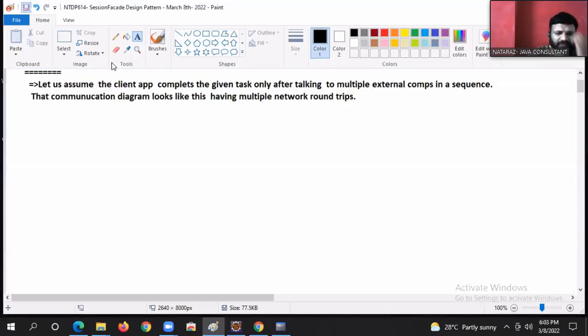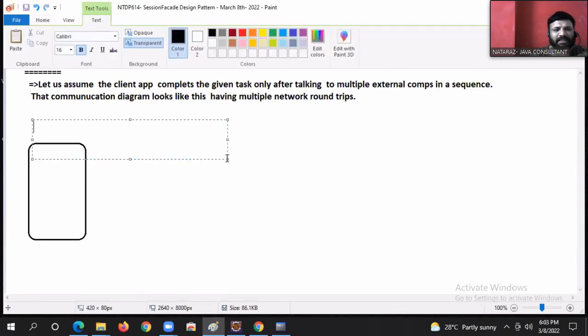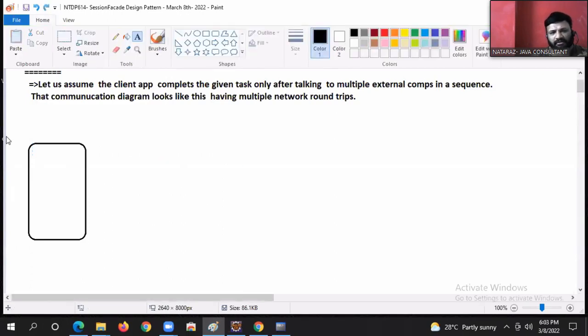Okay. Let's have a look on this, guys. Yes. Now let's see. This is our client application's business delegate component.